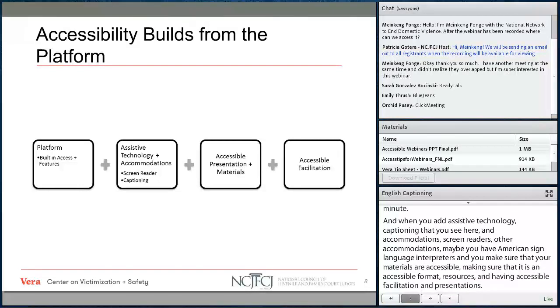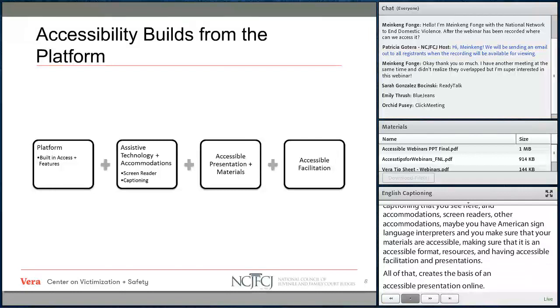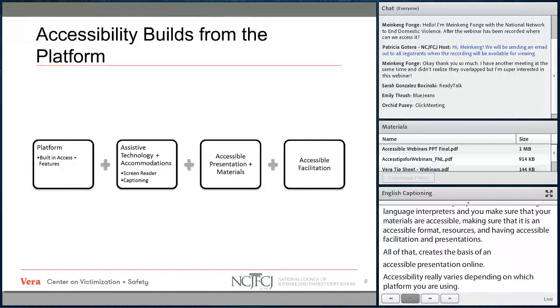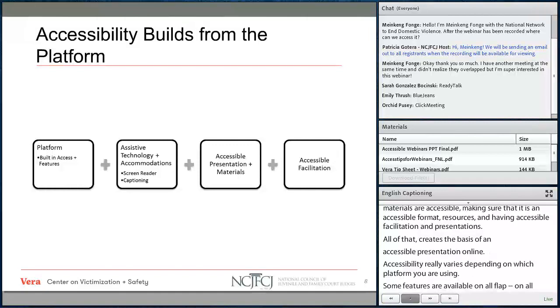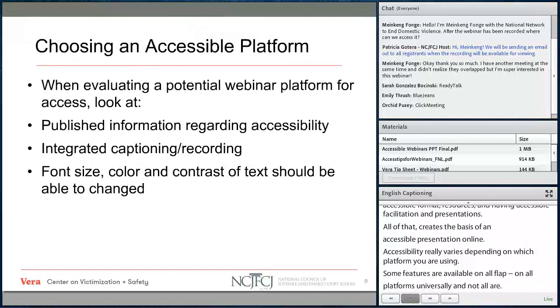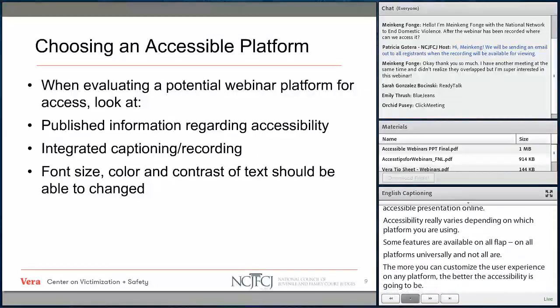Accessibility really varies depending on which platform you're using. Some features are available on all platforms universally, some are not. But the more you can customize the user experience on any platform, the better the accessibility is going to be. I'm going to talk about some considerations for choosing an accessible platform.